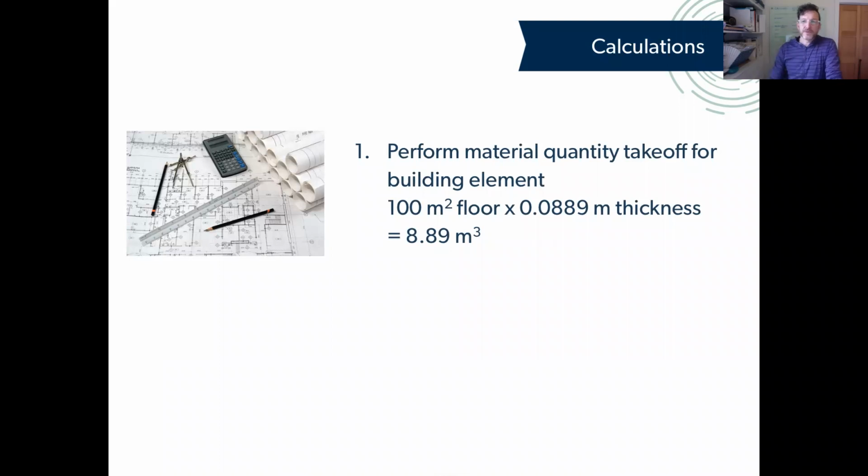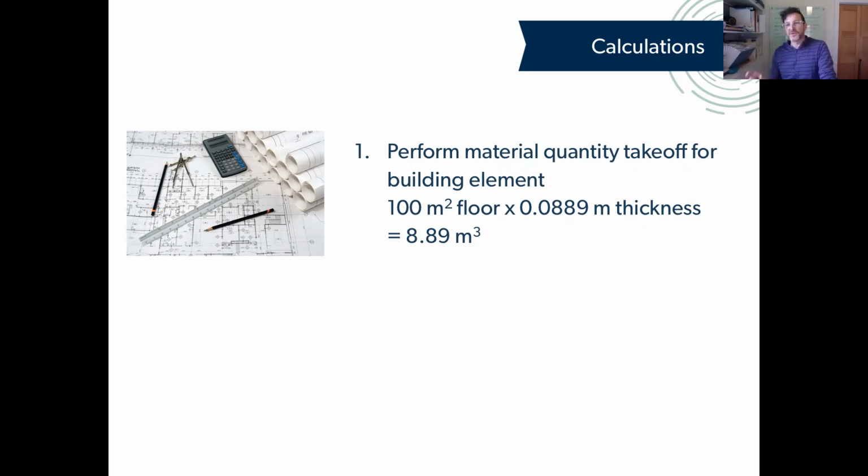So if you're wanting to do your own building level calculations from source data yourself, essentially what you're doing is performing a material takeoff. Whether you do that manually or whether your design program spits that out for you, we'll go through the steps here. If I have 100 square meters of CLT floor in a project, and it's at 3.5 inches or 0.0889 meters in thickness, then I have 8.89 cubic meters of CLT in that building.